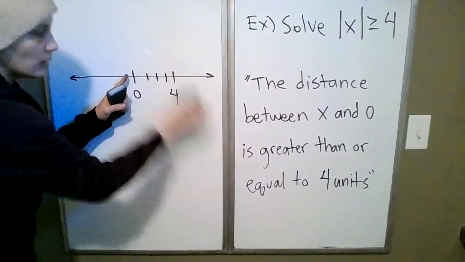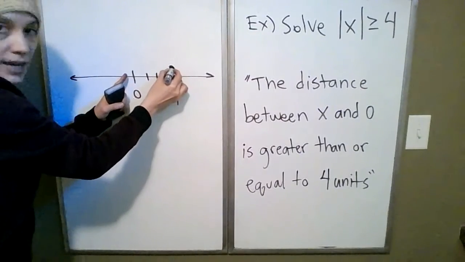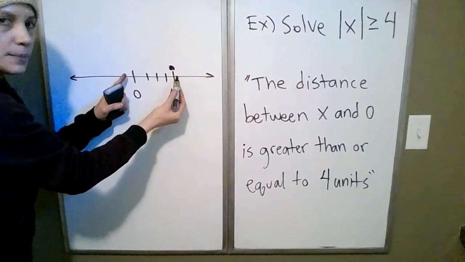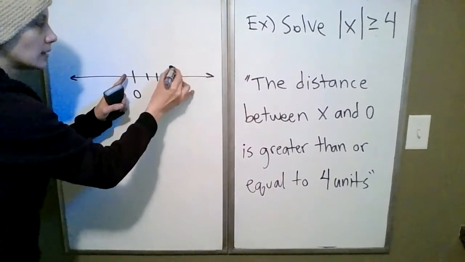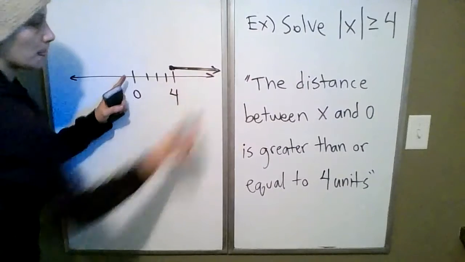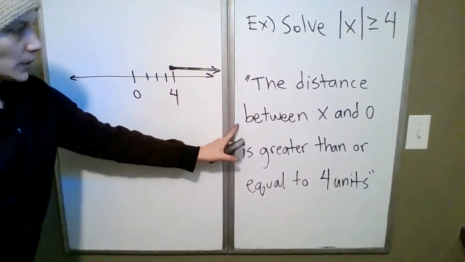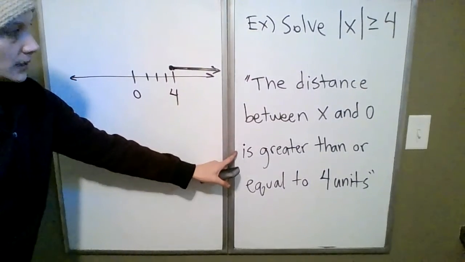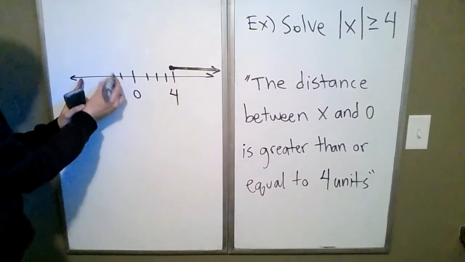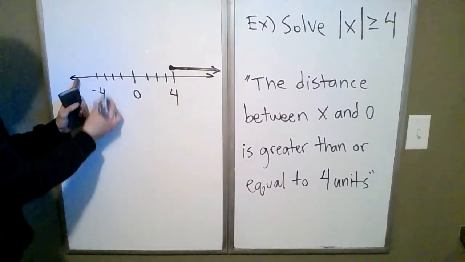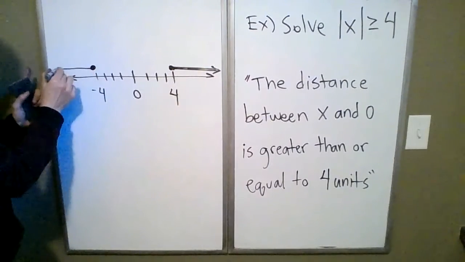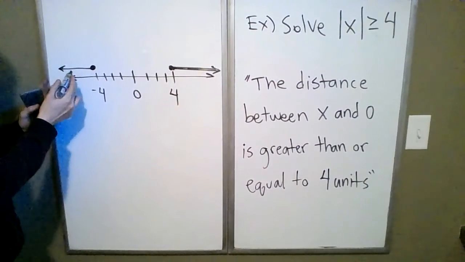Oh, it's greater than or equal to. So you can include the space where you're 4 units away and then past. The distance between x and 0 is greater than or equal to 4 units this way. So you can go here, be equal to that number, and go past, toward negative infinity.